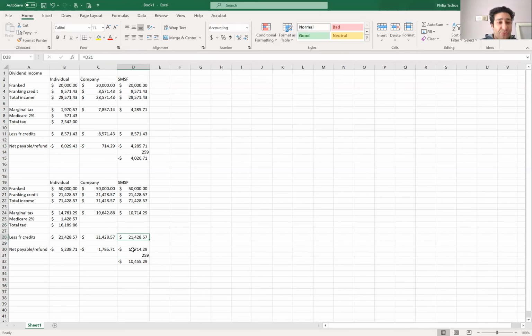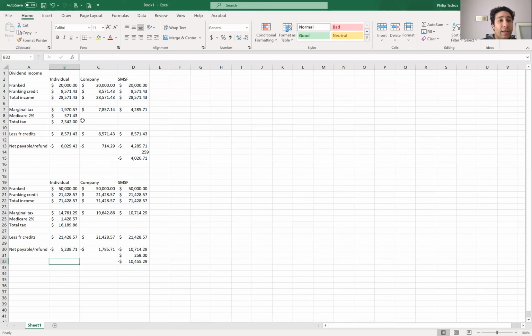So that means you're left with a refund of $10,714, but adding back the supervisory levy of $259 means that your net refund in the SMSF is $10,455.